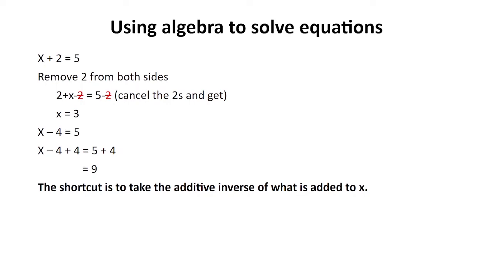Here, what is added to x is minus 4, and the additive inverse of that is plus 4, which gives 9. So I have shown that the 4 goes to the other side and gives plus 4, and the value of x is 9.